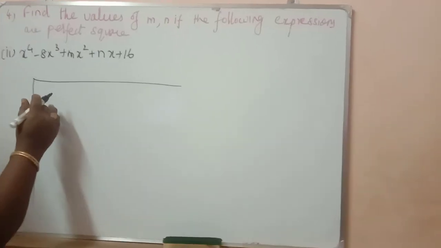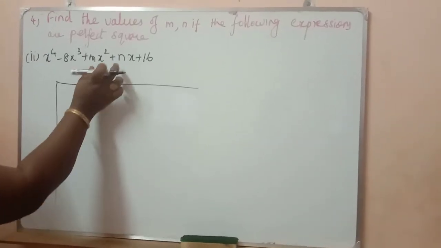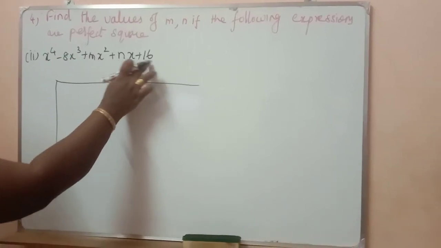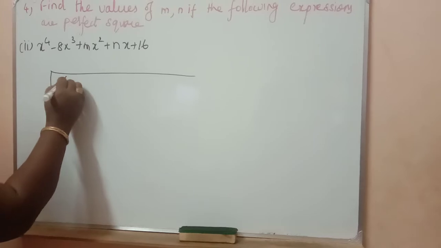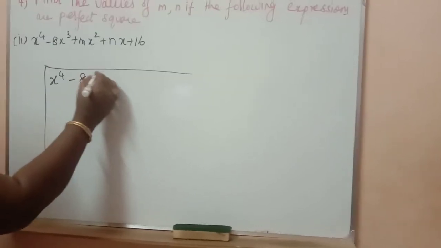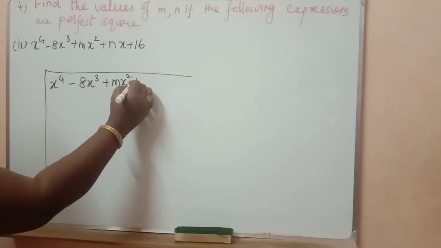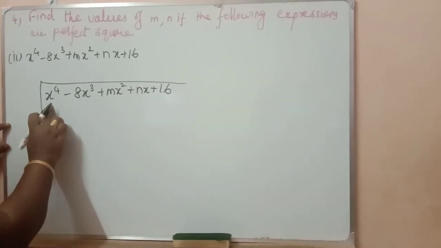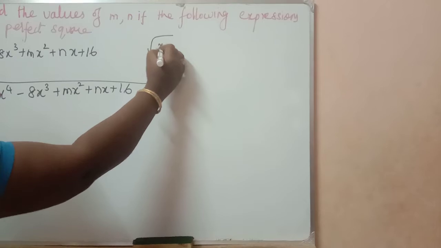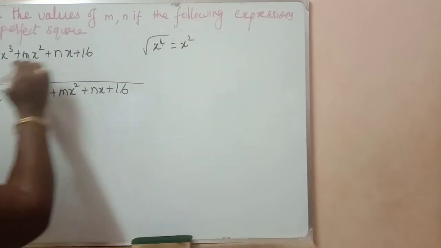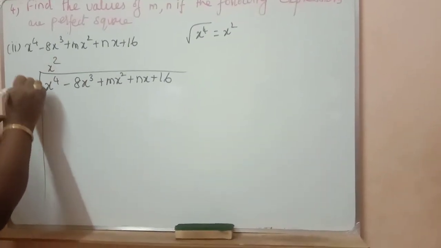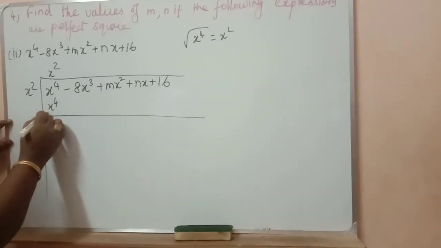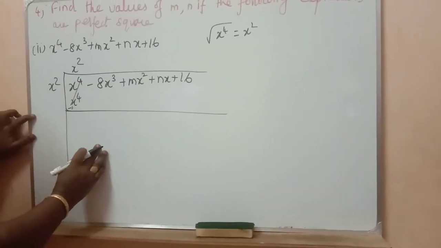So find the value of m and n if it is a perfect square. Now m and n are in the middle. Okay, so x power 4, x cube, x square, x, constant. So write in this order, x power 4 minus 8x cube plus mx square plus nx plus 16. So first step, root of x power 4, that is x square. Write at the top and at the left. If you multiply x square into x square, x power 4, change the sign, it will be cancelled.